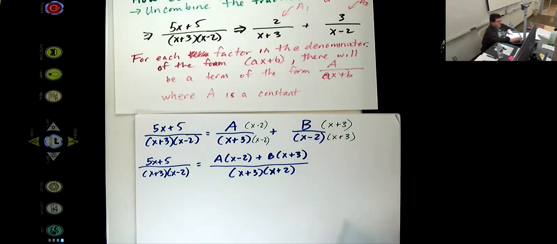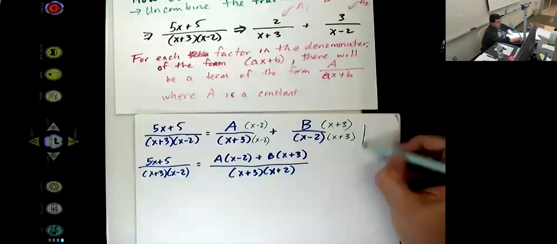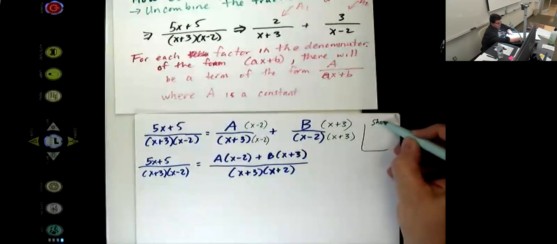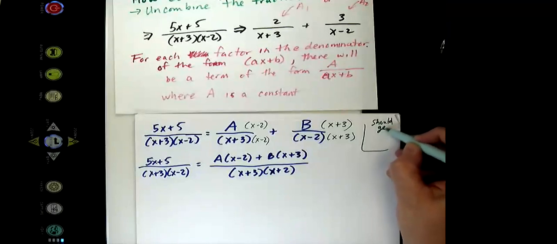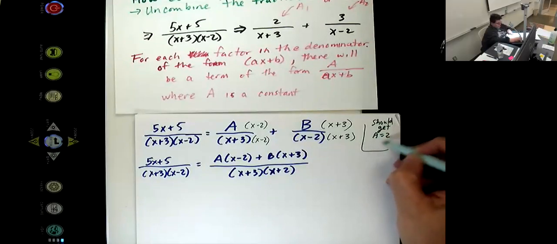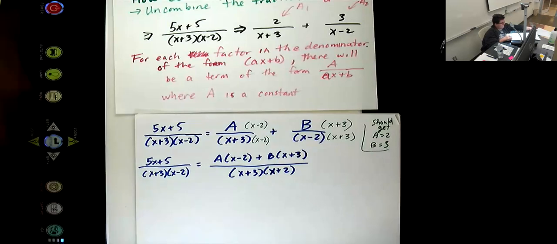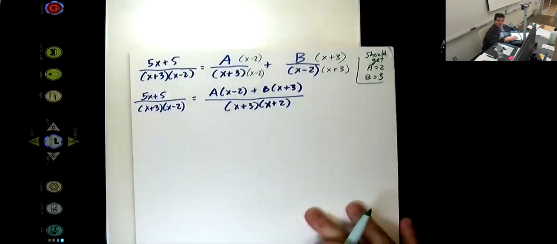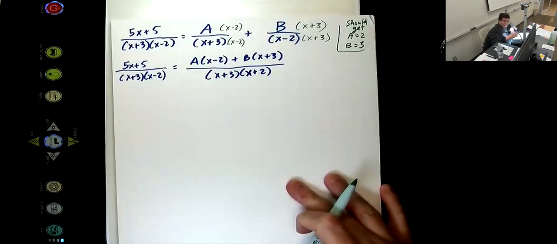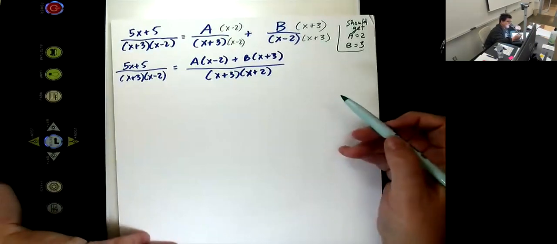We know we should end up with A equals 2 and B equals 3. That's from the first page. So that's what we should get when we're done.